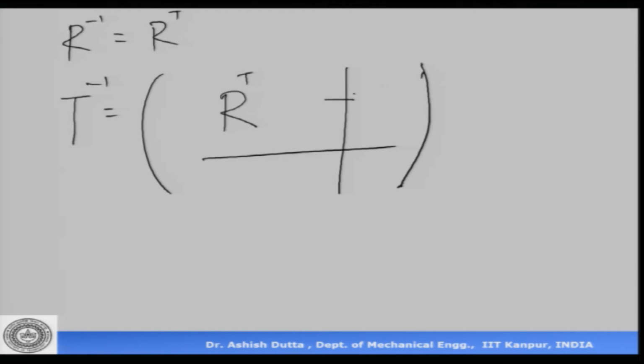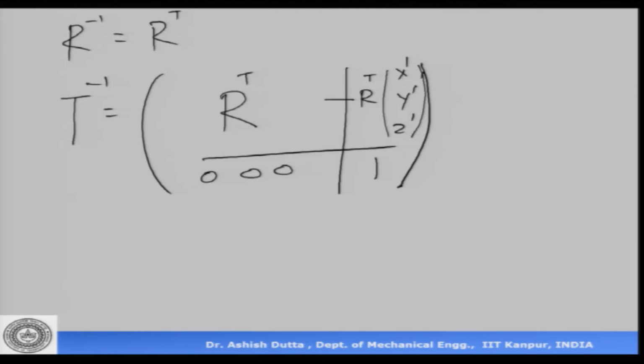So, I do a minus of x dashed, y dashed, z dashed, because it has to move backwards, and then it is multiplied by R transpose again. And this remains as 0 0 0 and this remains as 1. So, the inverse of the homogeneous transformation matrix is given by this matrix, and we can very easily visualize why it is like that.